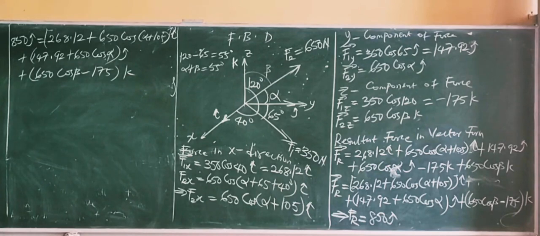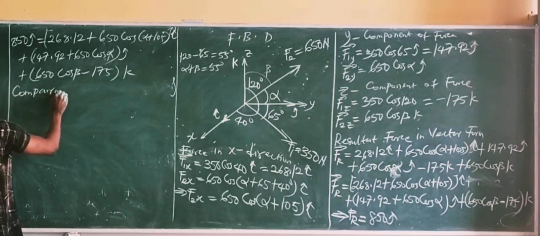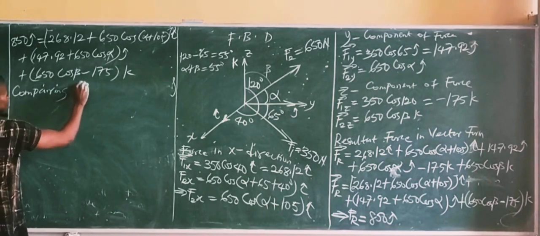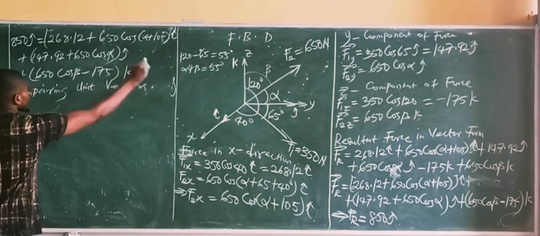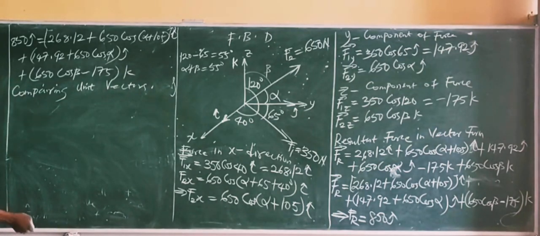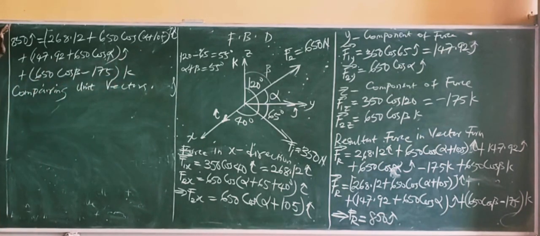Having this, it means that at this point we compare unit vectors on both sides. This is the i direction, and on the left hand side of the equation there is no i direction, so the unit vector in the i direction for the left hand side is equal to 0.